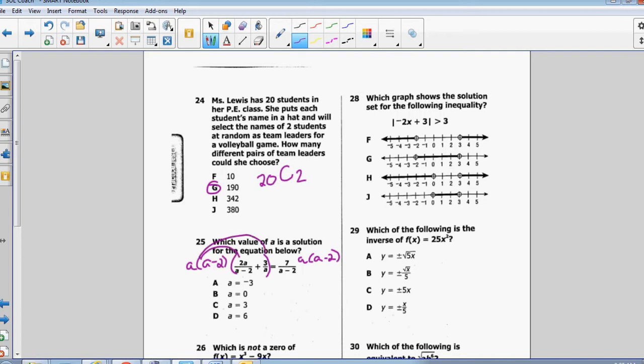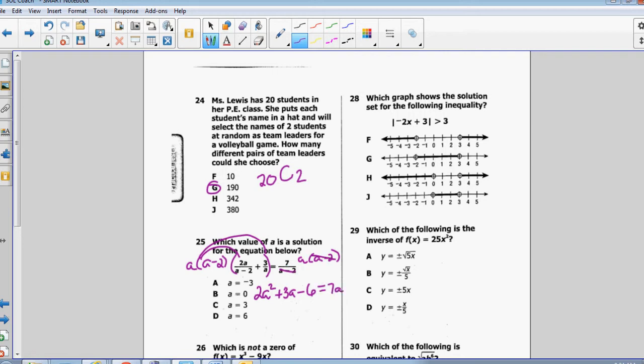When you multiply by the first fraction, the a minus 2's will cancel out, so you're left with only a times 2a. That gives you 2a squared. And when you multiply times the second fraction, the a's cancel out, so it's 3 times a minus 2, so that's going to give you 3a minus 6. On the right side, the a minus 2's cancel out, and you just get 7a.